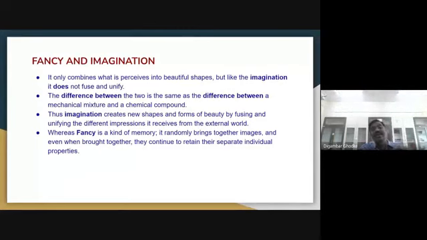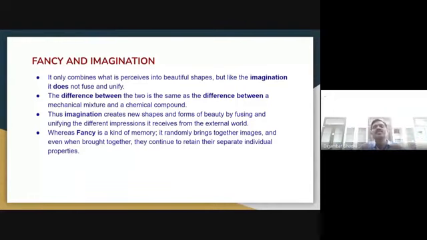Whereas the imagination fuses and unifies. Fancy only combines, nothing more. I was giving you an example of A Red, Red Rose by Robert Burns. I told you that in that poem, we see the comparison between a red rose and the beloved. So this combination is already there in the mind.